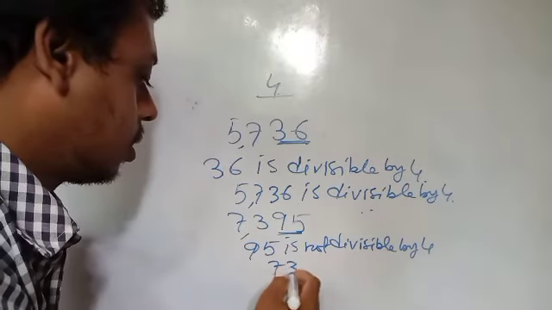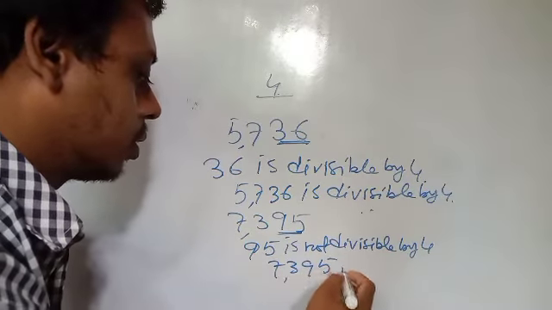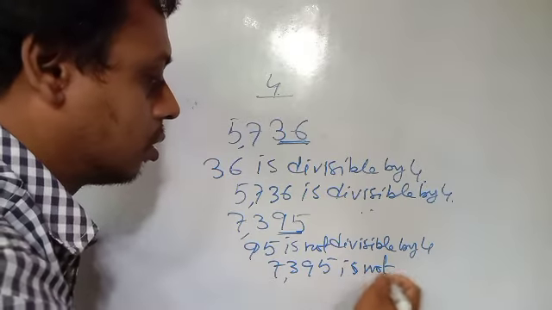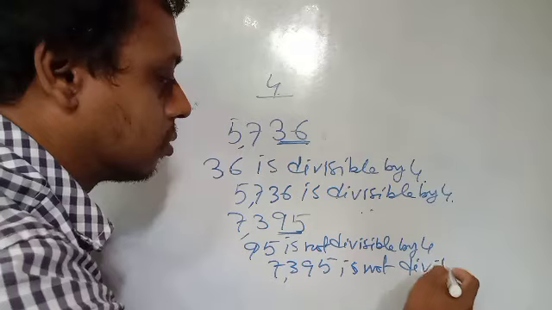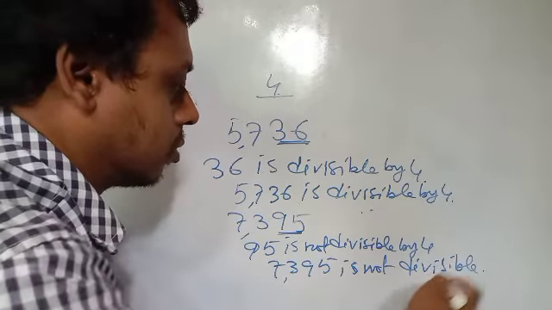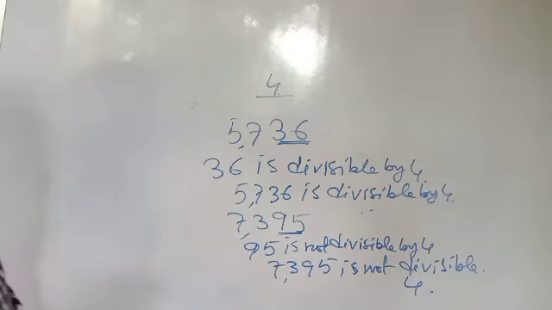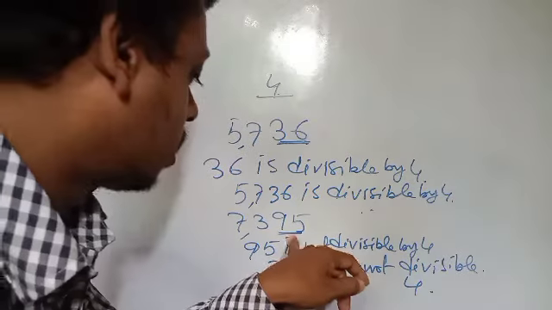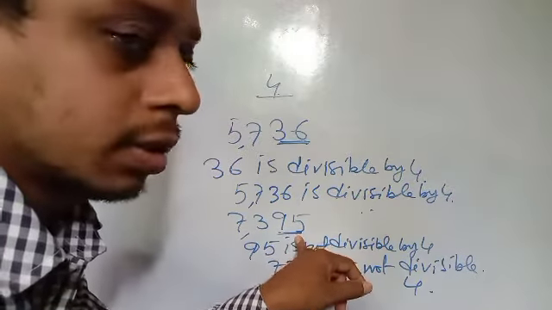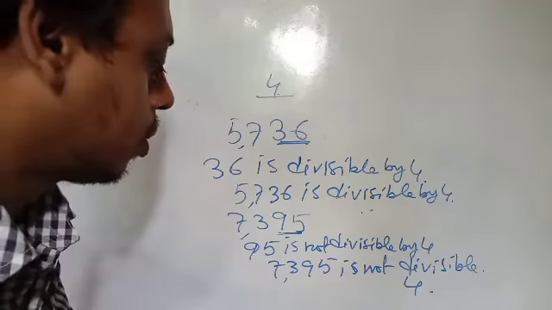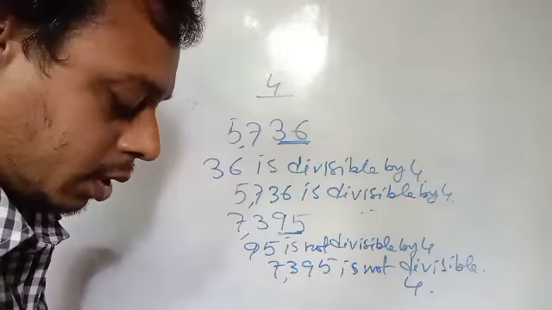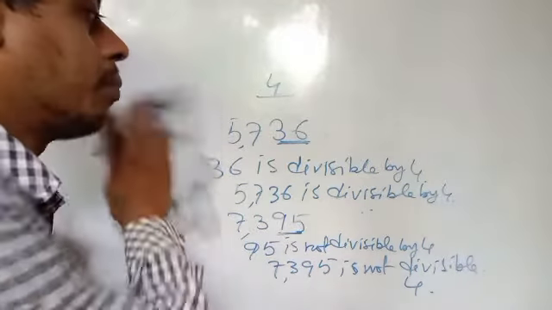So 7395 is not divisible by 4. So if the number formed by the last two digits of a number is not divisible by 4, then the number also will not be divisible by 4. So this is the way to find out whether the number is divisible by 4 or not.